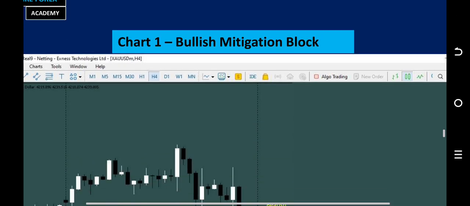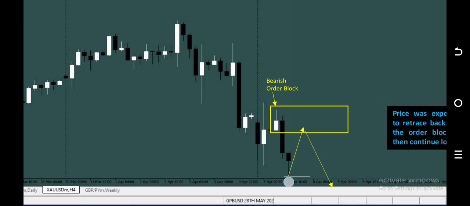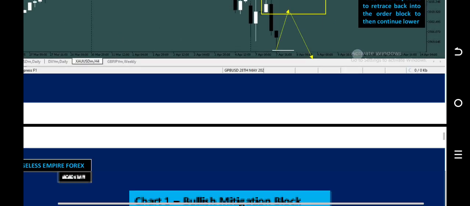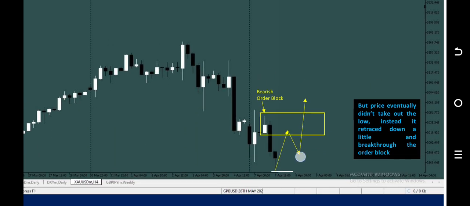I believe you understand that. So this is our expectation. Price comes to it, then pushes price away to continue with this trend. But in a situation whereby price got to it, it pushed price lower a little, but it could not take out this low, before price now went through it.